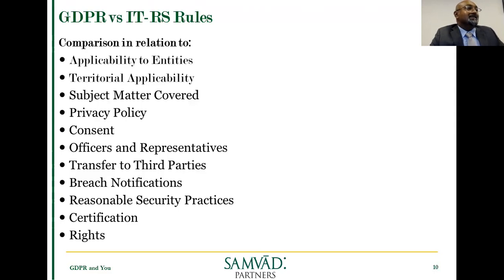The alternate is that you could provide for transfer outside the scope of an adequate protection assessment, only if you have appropriate safeguards. Appropriate safeguards are a fairly well listed group of safeguards I won't get into in detail, but they include at least the importance of getting certification, having a code of conduct, and executing binding corporate rules.